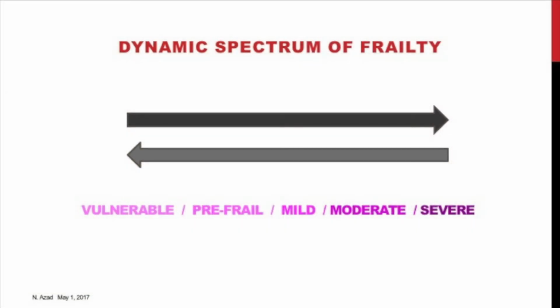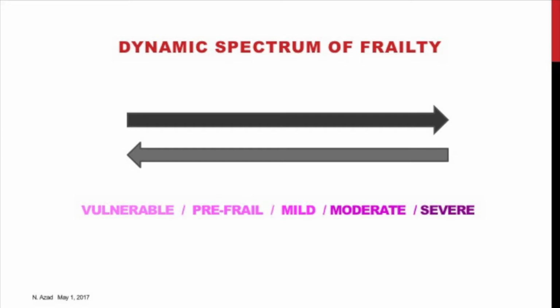Frailty itself is a spectrum, and that's what we need to recognize. Frailty is actually dynamic. By spectrum, we mean that one starts with a state of vulnerability, then progresses to become pre-frail, mildly frail, moderately frail, and severely frail. So it seems to be a progressive downward course.